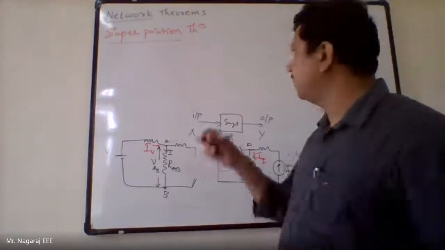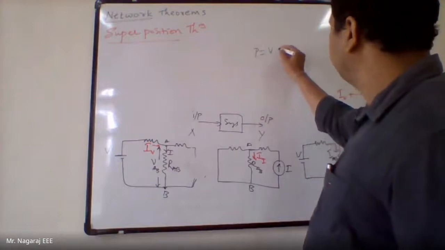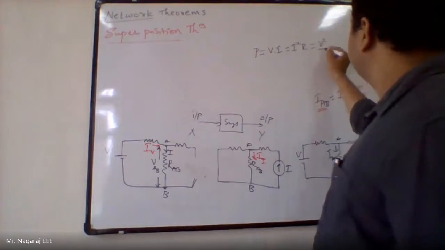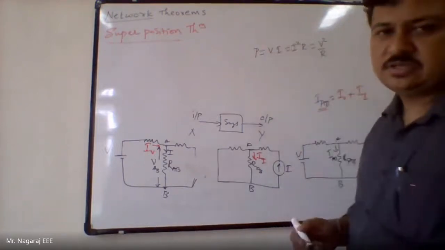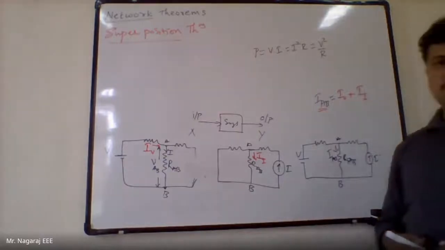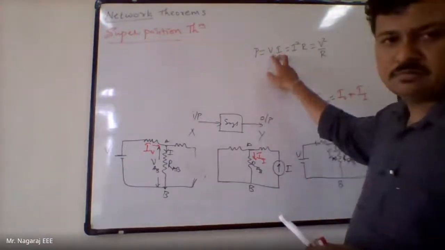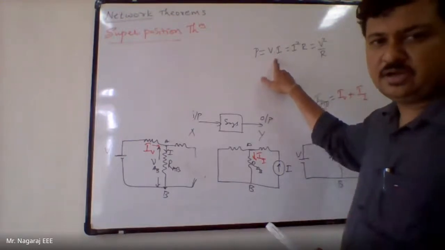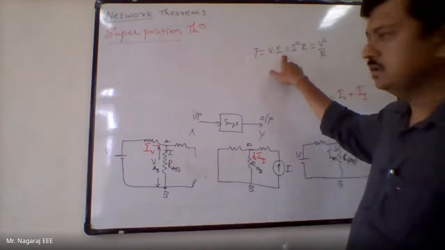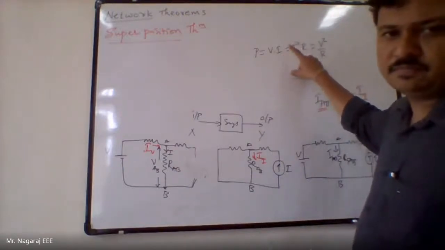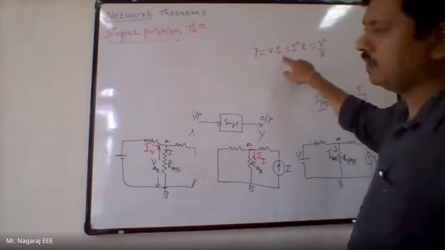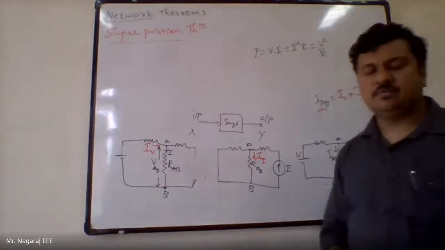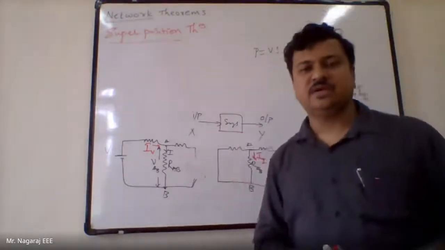I cannot do that, because power is V into I, or I square R, or V square by R. In all the cases, it is a multiplication product. A product of two quantities is quadratic, of order 2. So I square is there, V square is there, V into I is there. When there is a product of two quantities, that cannot become a linear function.